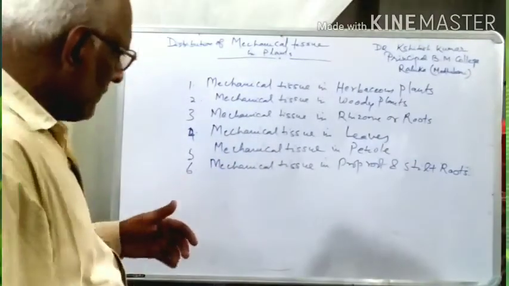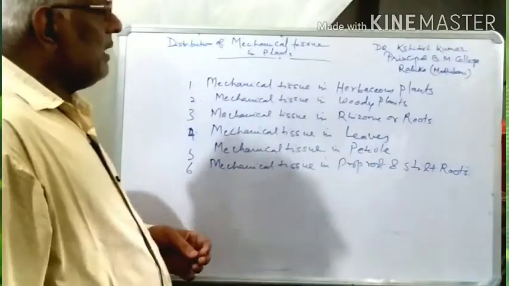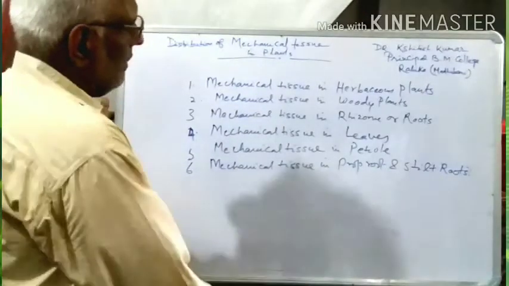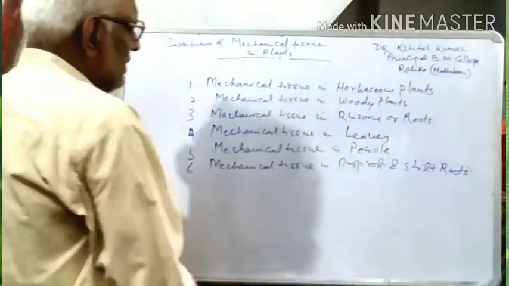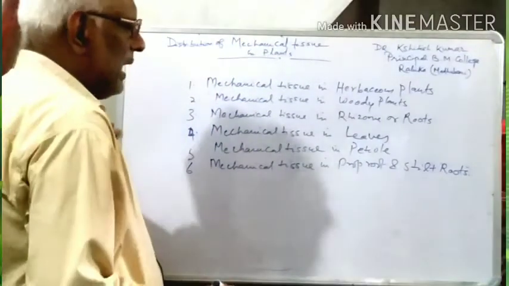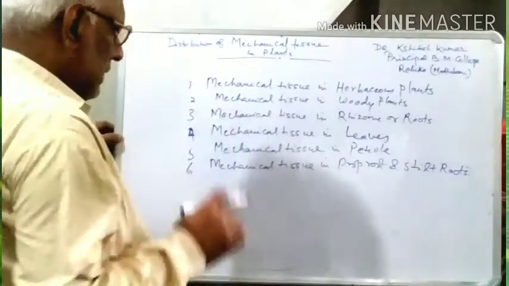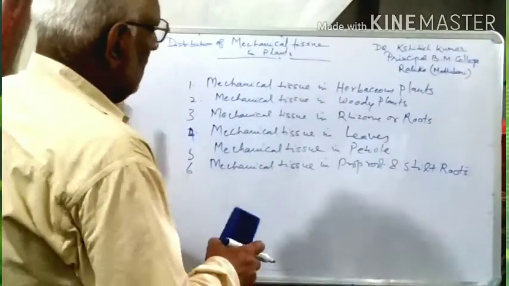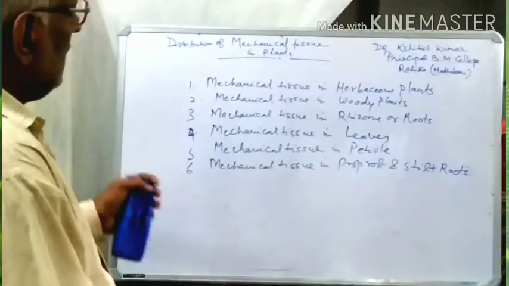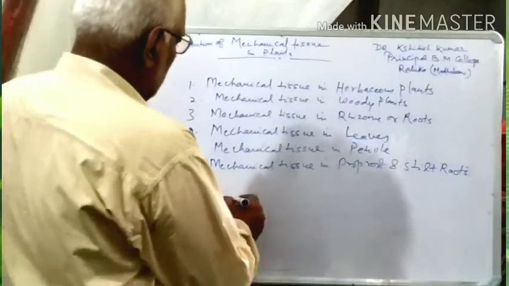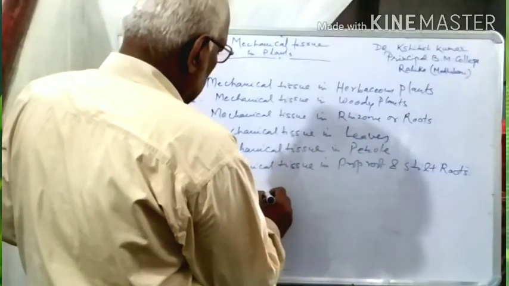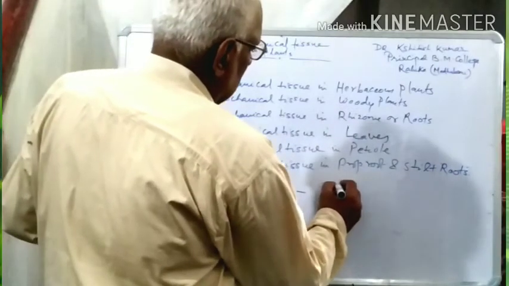As we know, one of the scientists, J.J. Hutchinson, has proposed that the entire dicotyledonous plant should be divided into two groups: the herbaceae, and second, the woody.